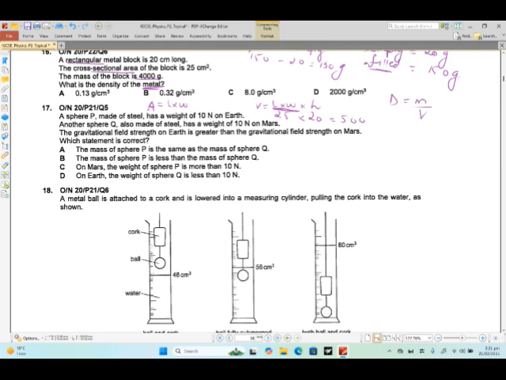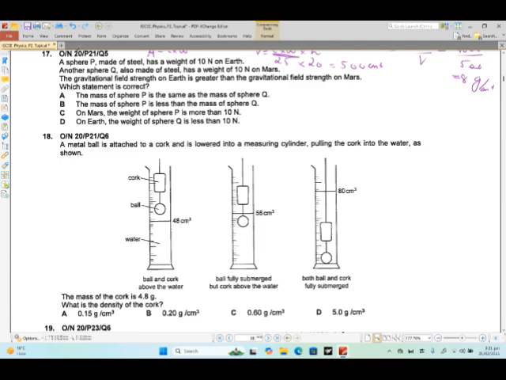So volume would be 500 centimeters cube. So putting in these values, mass is 4,000 grams, volume is 500. So it would be 8 grams per centimeter cube. C is our correct answer.